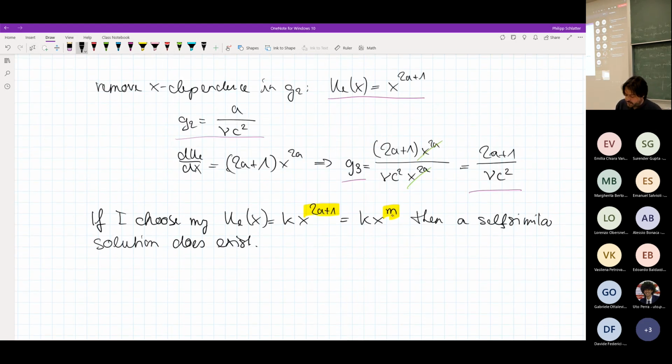I have now introduced, and it's not me making this mess, by the way, people in the literature use a, m, and beta. So we just need to make sure that we understand what is meant with all of that. So what I can see directly from here is that m is 2a plus 1.